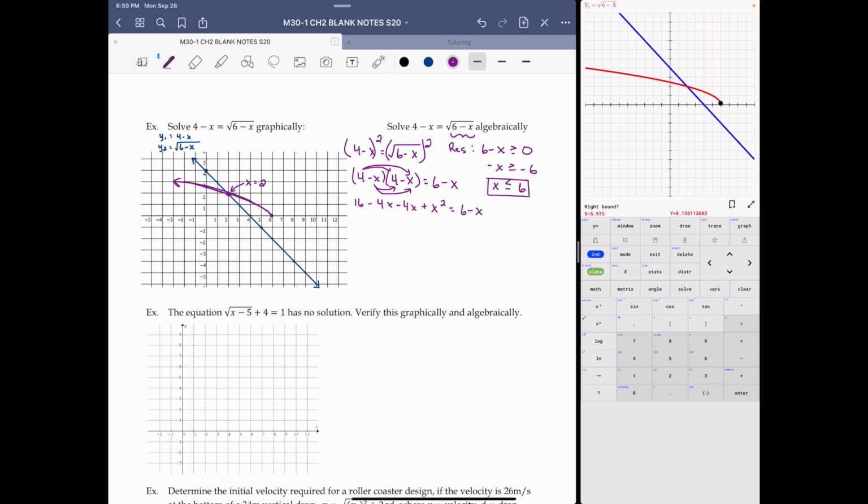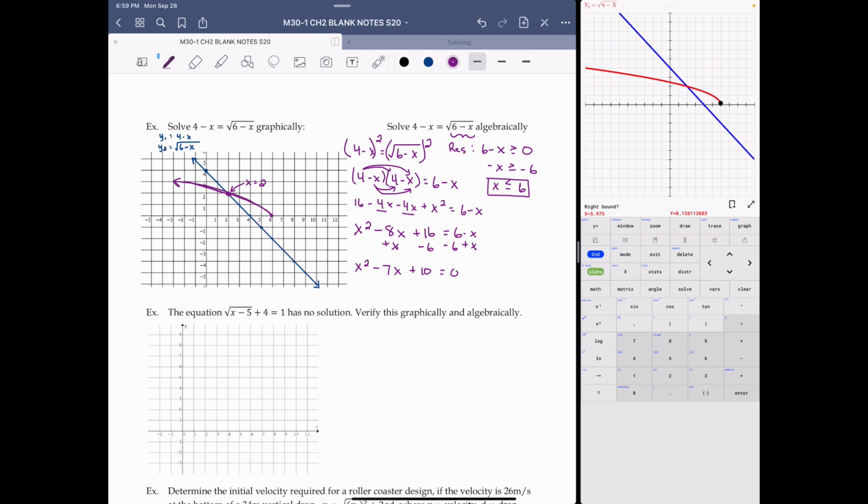Let's combine our like terms and put it in descending order. x squared minus 8x plus 16 equals 6 minus x. We want to add x to both sides and subtract 6 from both sides. We get x squared minus 7x plus 10 equals 0.